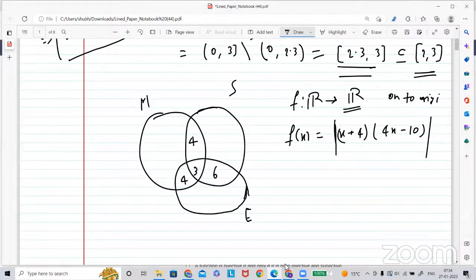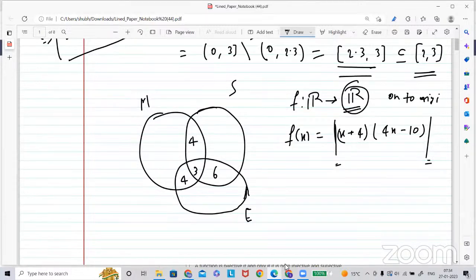Can you repeat that a little bit, sir? Okay, see, this function is always giving positive values, but our codomain contains the whole of R. It contains negative values also, but here the function's range is only positive.